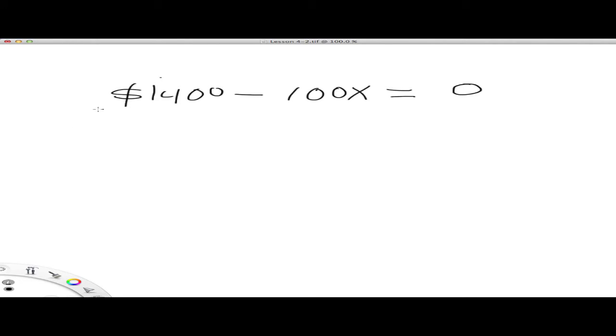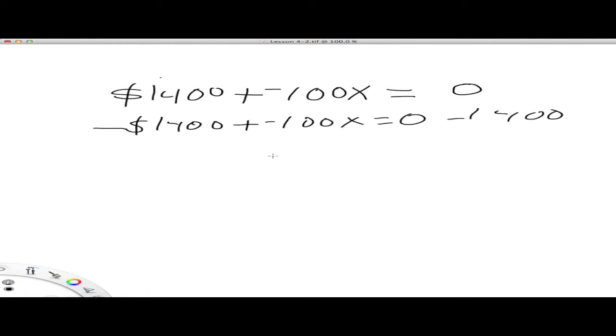I'm going to make this plus a negative to help with the manipulation. I'll subtract 1,400 from both sides of the equation. So that tells me that a negative 100 times x is equal to a negative 1,400.